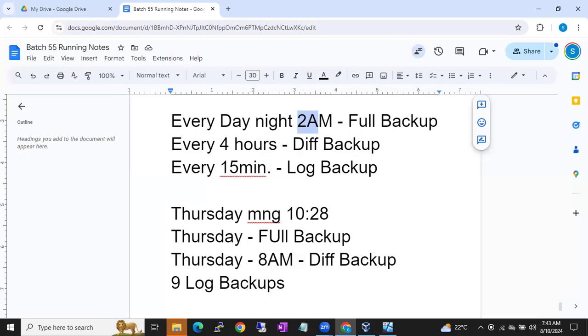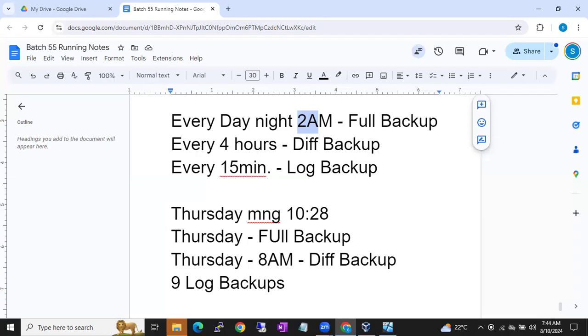And we know the differential backup on Thursday. One full backup at 2 a.m., the latest differential backup at 8 a.m., and the log backups after that, which are 5.